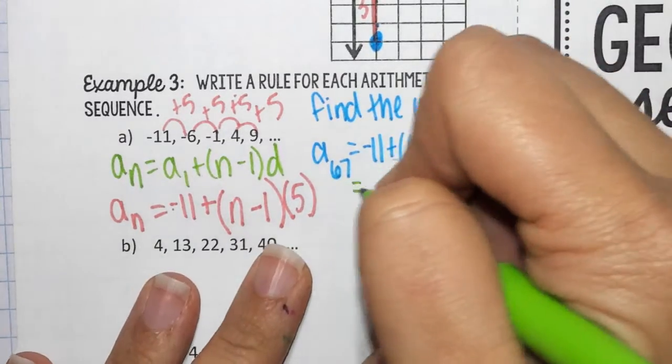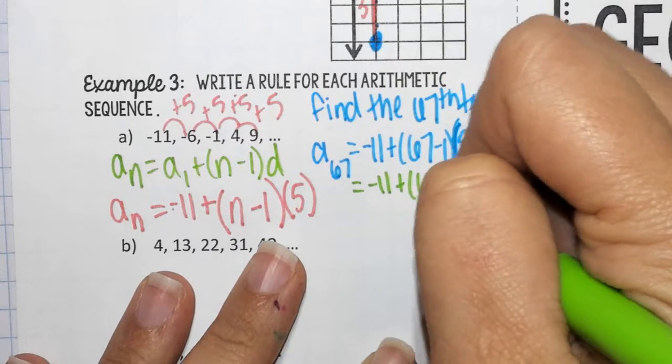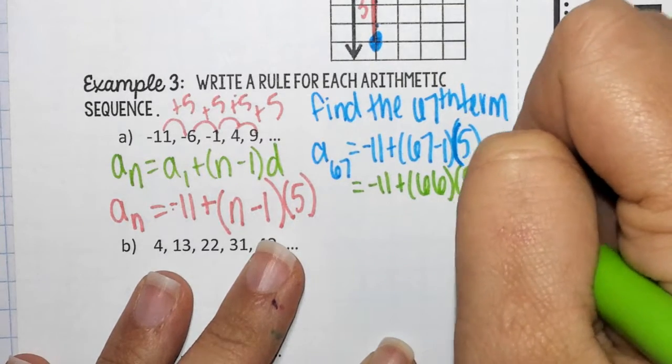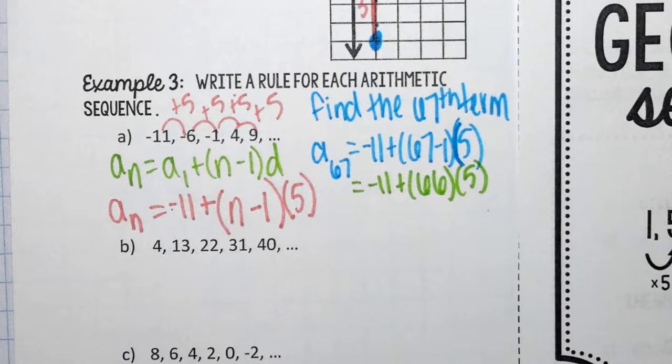Wow. I wonder what that is. All right? And then you're going to do 66 times 5. What's 66 times 5? And then you add negative 11 to it.